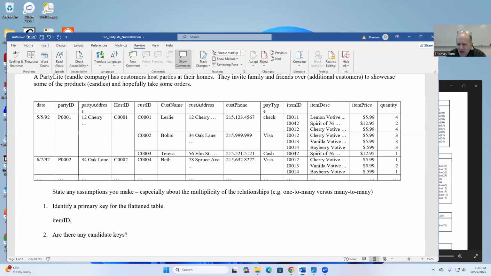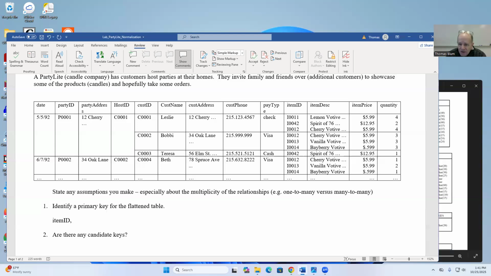And then we start asking, is that enough? It depends on the nature of the relationships. So knowing the item, is that enough to determine, say, the customer?